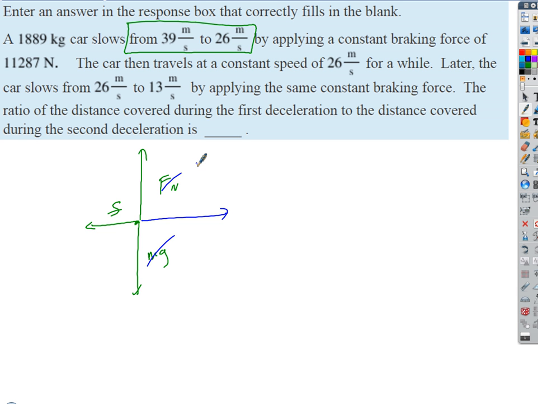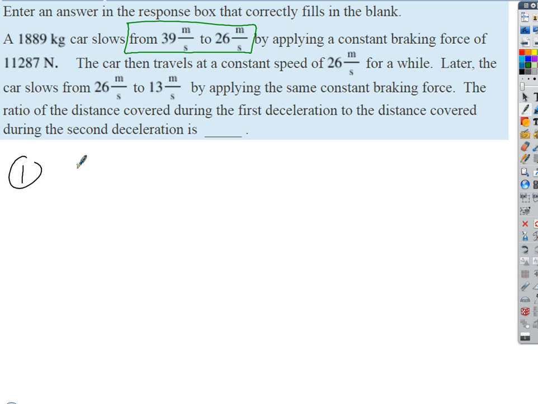Okay, so then the work energy theorem tells us, and we'll call this part one, right? So part one, we know that the work due to friction, we'll call that F D1, for the first distance, and that's going to be negative, isn't it?